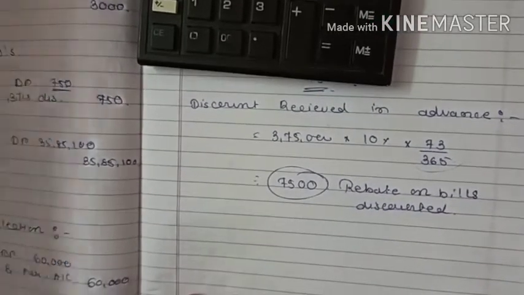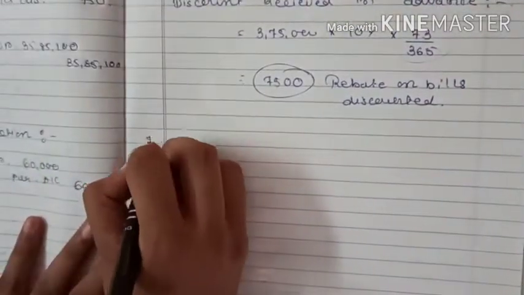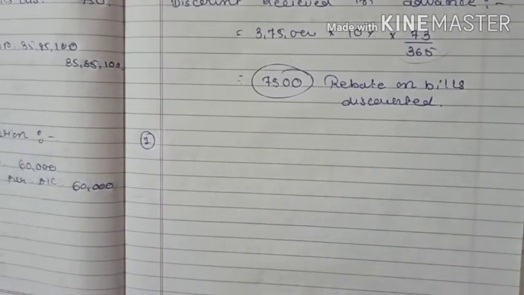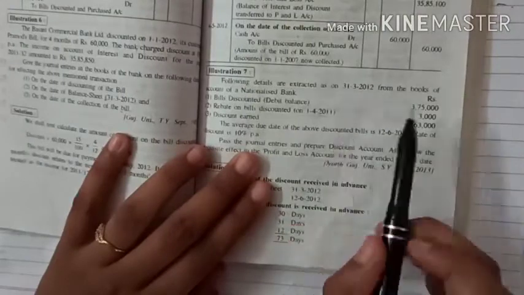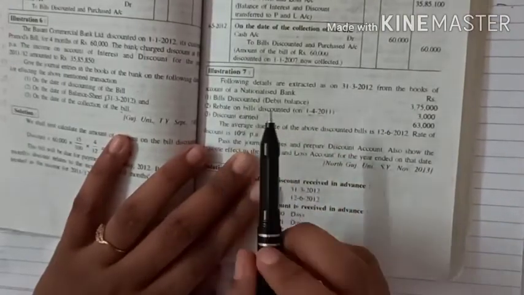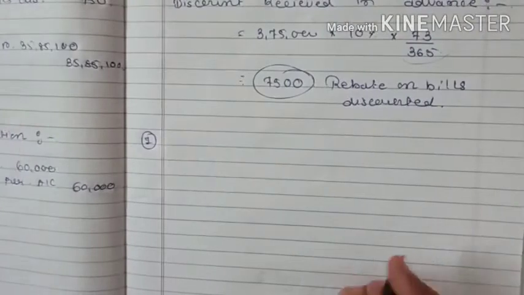So let's start the journal entries. First journal entry. Here the merchant name is not given, so we have to directly generalize the entry. First we do the journal entry on the basis of the opening balance of the rebate on bill discounting. This is related to our year, right? So first we have to transfer it to the interest and discount account.